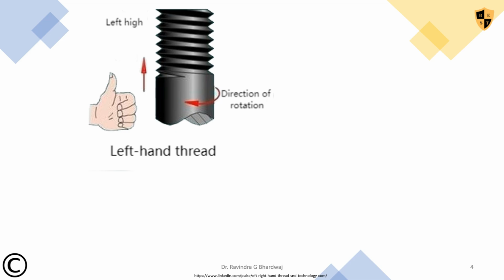For that, we should know what a left-handed and right-handed screw is, because it is more similar to that. A left-handed screw, or left-handed thread, is a screw that moves forward when it is turned from right to left.